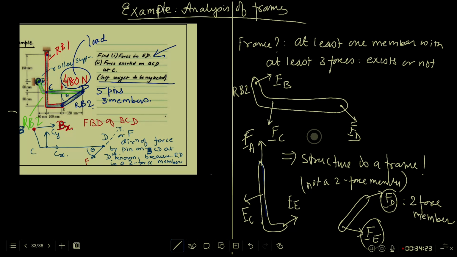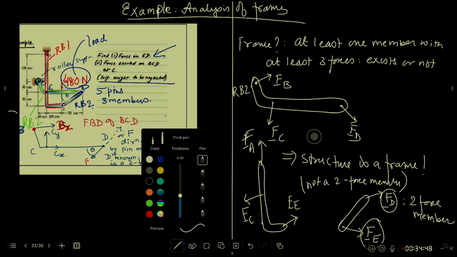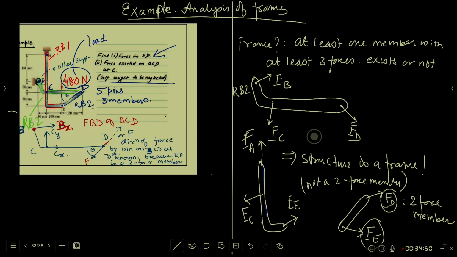In this case you actually know that, if I talk about BCD now, the force coming from the pin that is connected here at D will be either like this or like this. The magnitude is unknown, but the direction is known. The direction of this force will be along ED.